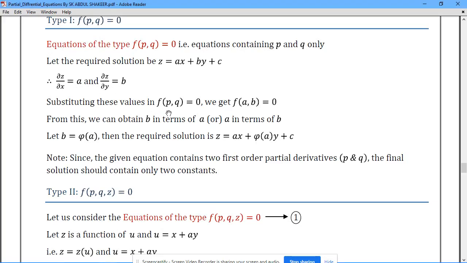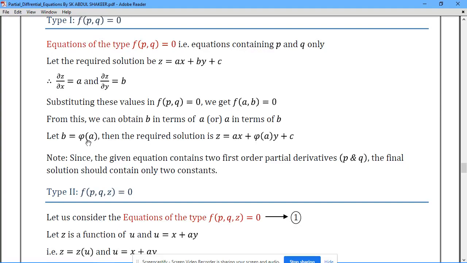Substituting these values in f of p, q equal to 0, we get f of a comma b equal to 0. So in f of p comma q equal to 0, we just have to replace p as a and q as b. Thus we will get the equation. From this equation we have to write b in terms of a, that is b equal to phi of a.